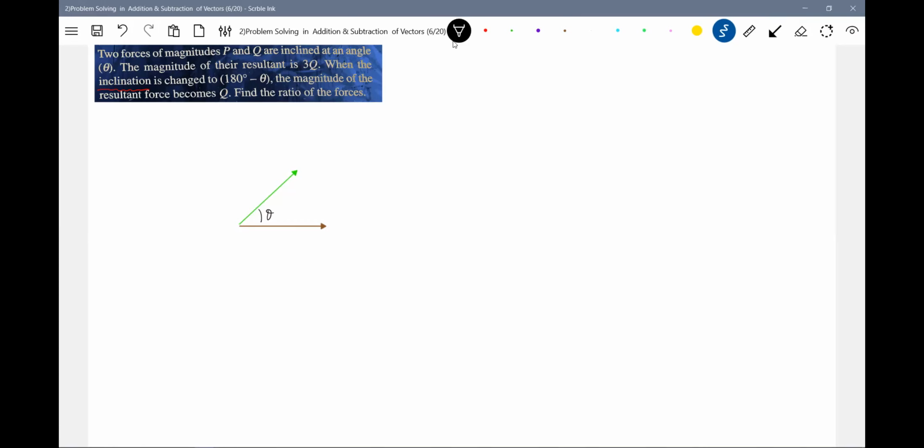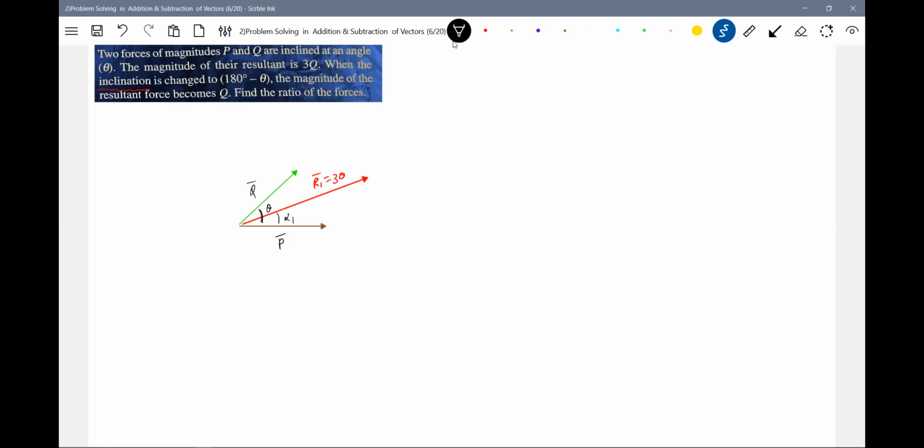The magnitude of the resultant is 3Q. This is Q bar, P bar, and the resultant of that is 3Q. Resultant R1 bar equals 3Q.